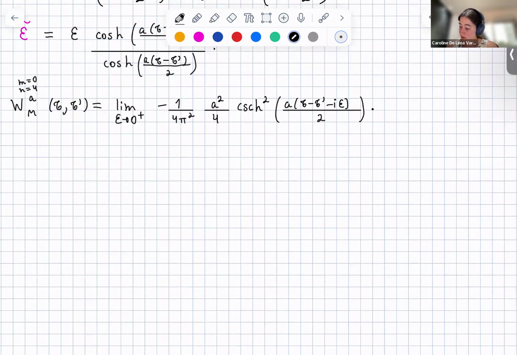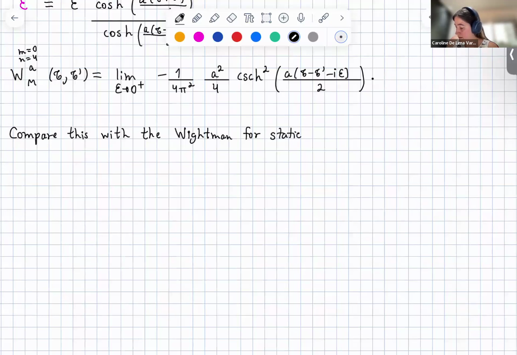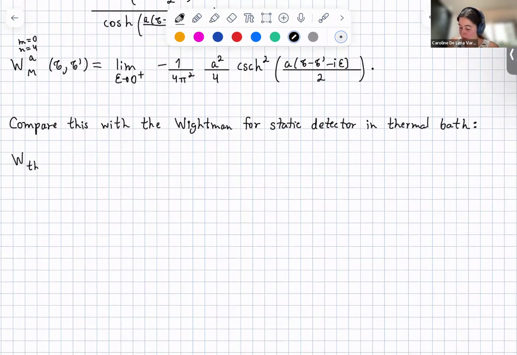So we want to compare this with the thermal Wightman function, with the Wightman function for the static detector in the thermal bath, which is what we found for the massless case and n equals 4, u of tau and tau prime.